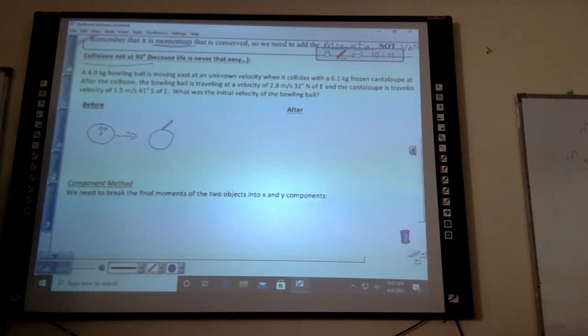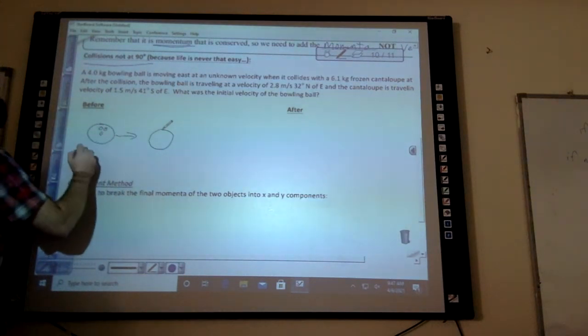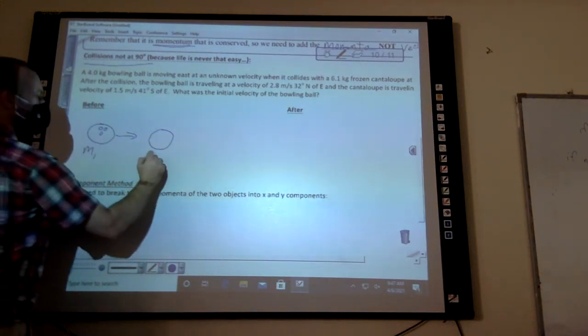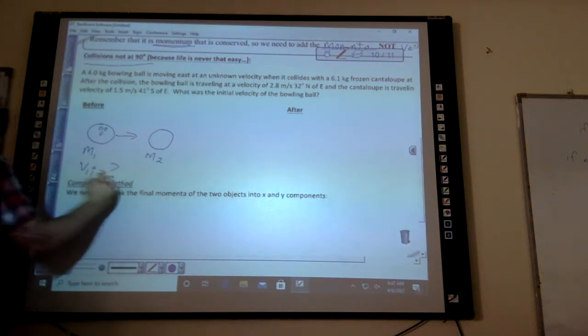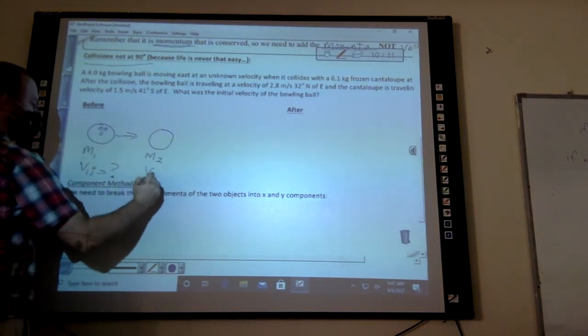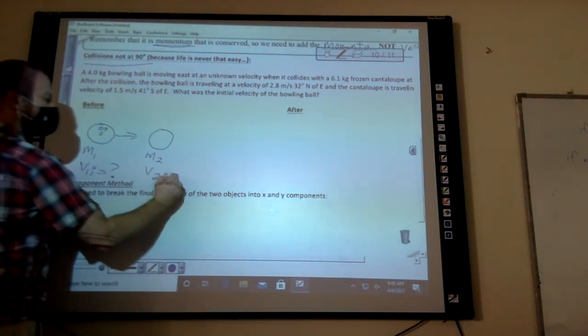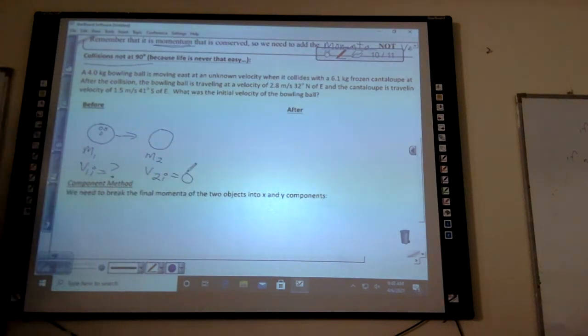There we go, it's a ball. So this is moving at some velocity. We don't know, let's call this mass 1, mass 2, and we'll say that velocity 1 initial, we do not know. That's what we're looking for. V2 initial is 0. So that's convenient.